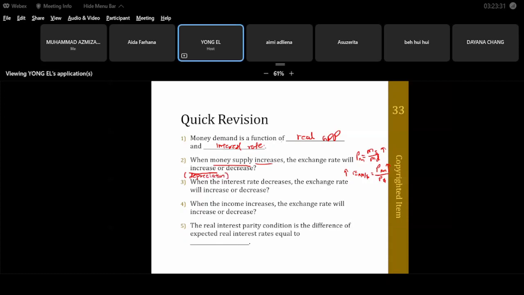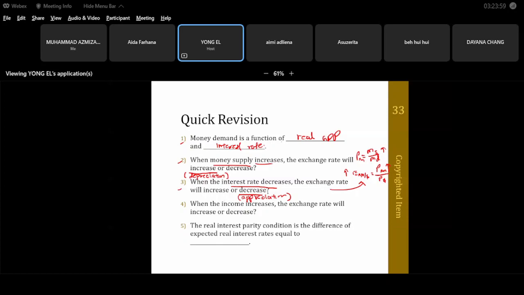Right. Thank you. Number three, when the interest rate decreases, the exchange rate will increase or decrease? Faiza says decrease. Okay, this one, I trust you. But you can prove this one using the analysis like I did here. You say decrease. Decrease means appreciation, right?